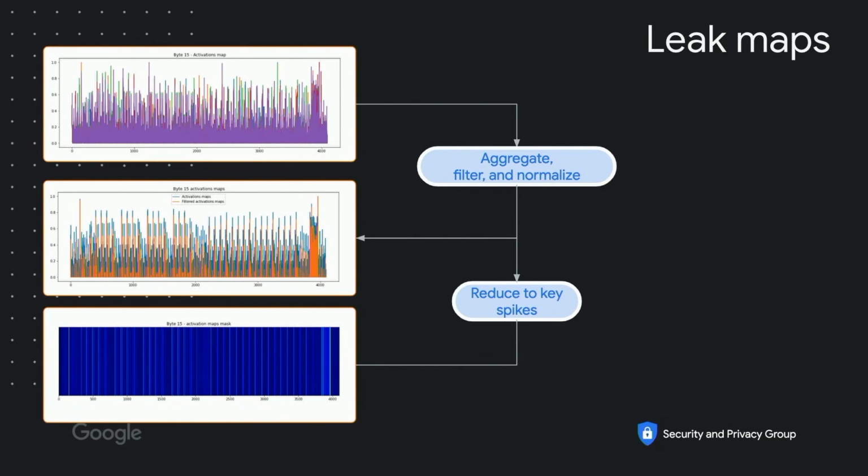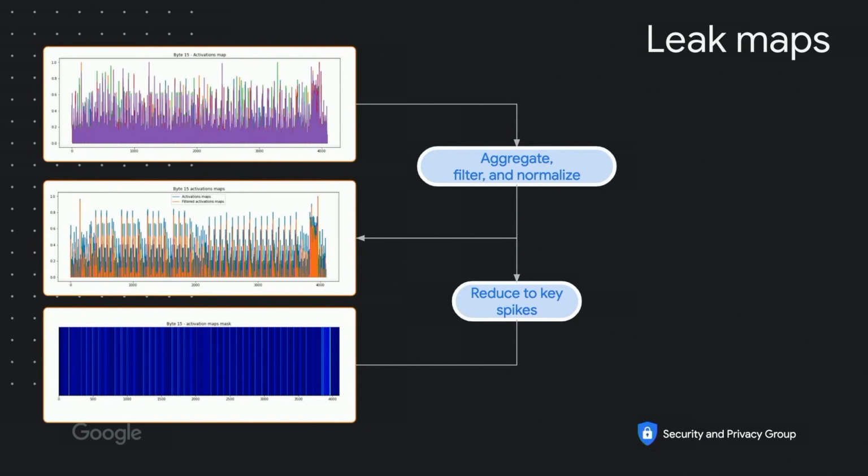Then we combine them by either averaging or summing them, it depends. Then we filter them to only keep the spikes. This is the orange part of the second box on the left. Then we normalize between 0 and 1 because we want a fake probability of what is the most important spike, right? And when you have done that and eliminated everything which is below the average plus one standard deviation, you get what we call the leakage map.